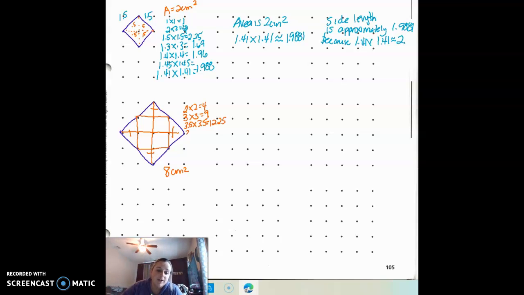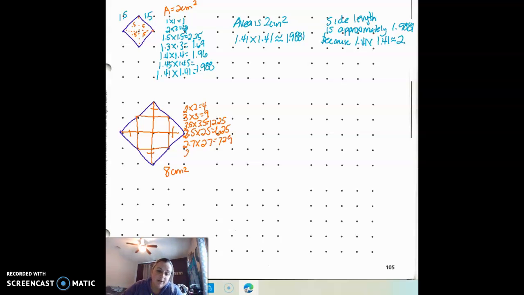So maybe I try something smaller. Oh, wow, I wanted between 2 and 3. So let's try 2.5 by 2.5, which gives me 6.25, not big enough. So maybe I try 2.7 times 2.7. Closer, 7.29.